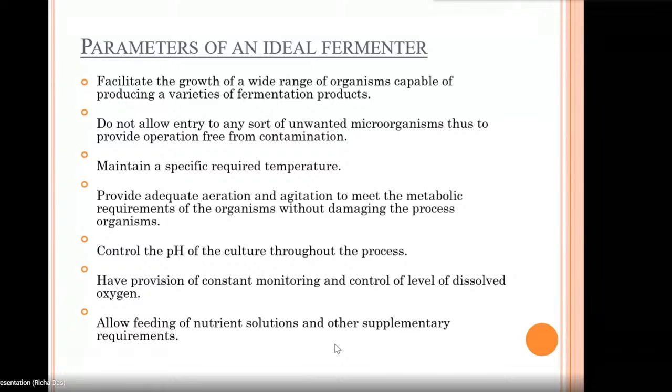The next point is maintenance of pH. Just like temperature, appropriate pH also has to be maintained, whether it is acidic or basic. The next point says that my ideal fermenter should allow me to monitor the levels of oxygen inside it, because the oxygen we initially put inside the fermenter is not going to last through the whole process of fermentation.